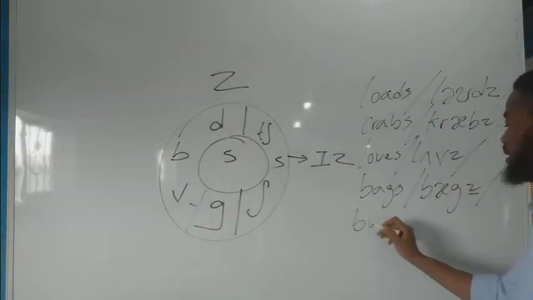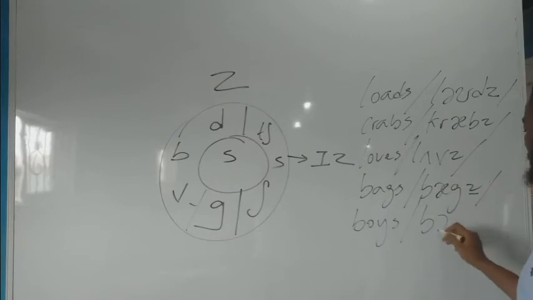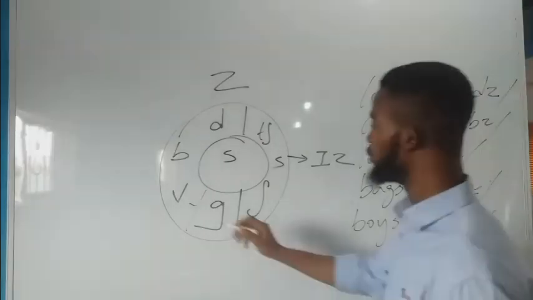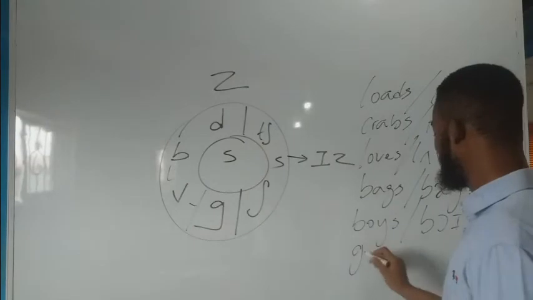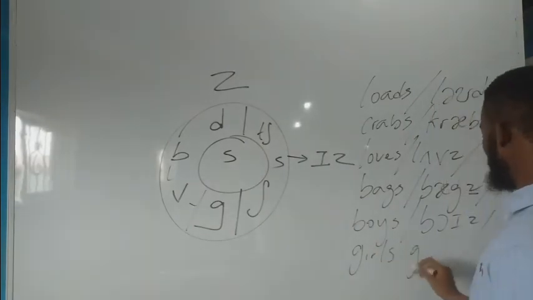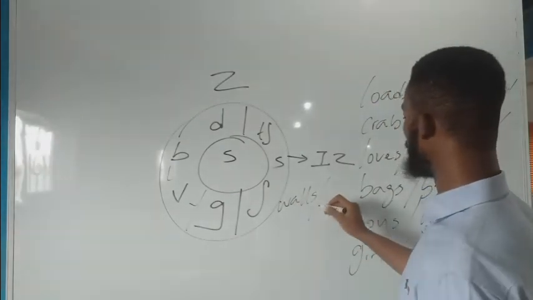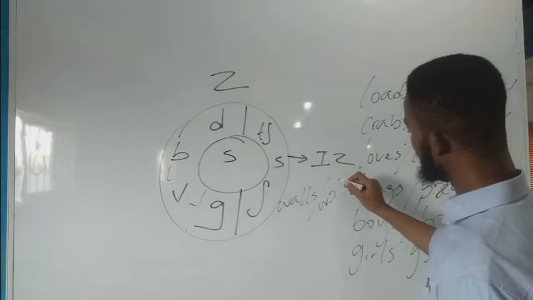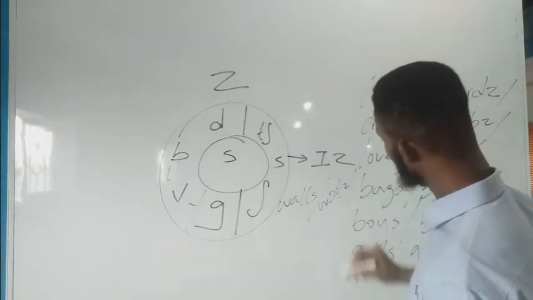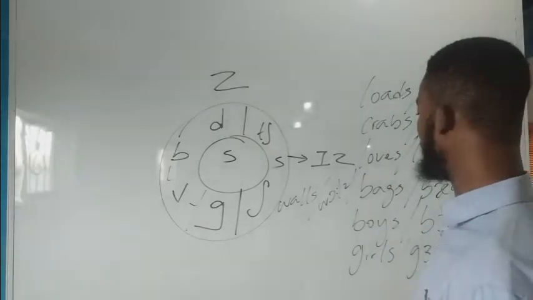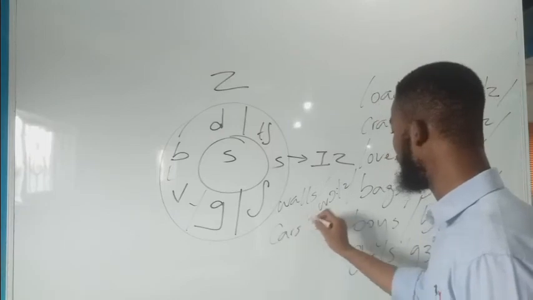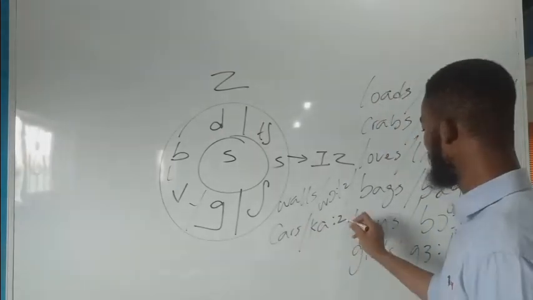There are more. We have it with Y too. If I have B-O-Y-S, it turns to boys. It occurs with L too. If I have G-I-R-L-S, it turns to girls. W-A-L-L-S turns to walls. If I have R too, C-A-R-S, it turns to cars.